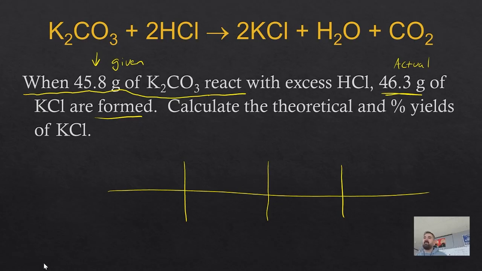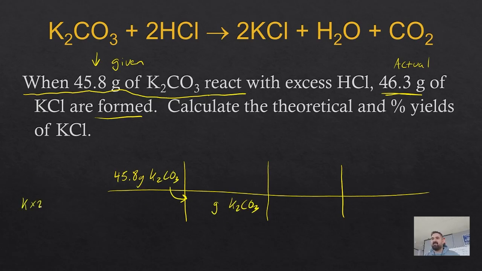So what is our given here? 45.8 grams of K2CO3. What goes down here? All right, so anytime we write grams of something, we got to calculate the molar mass.